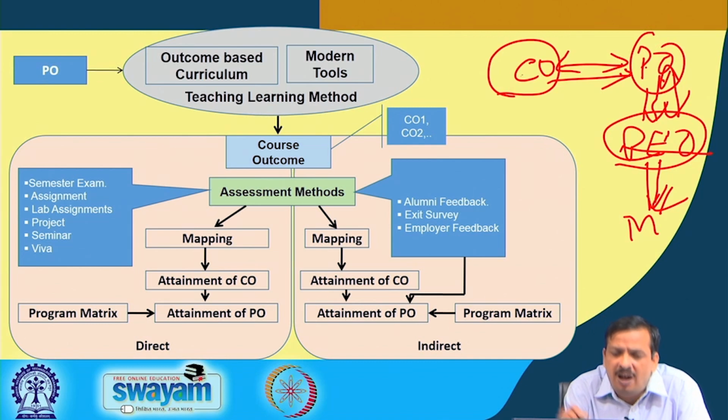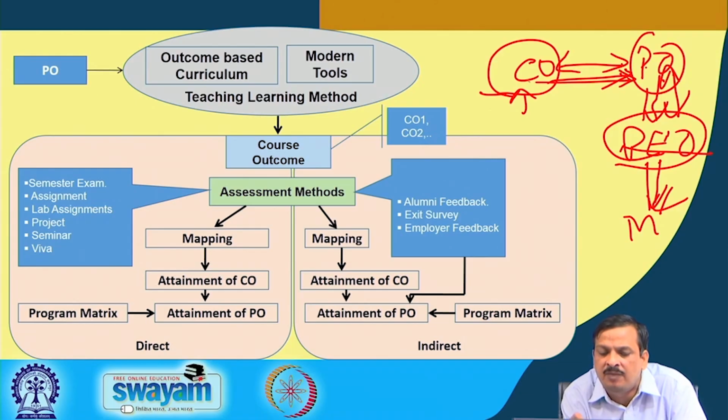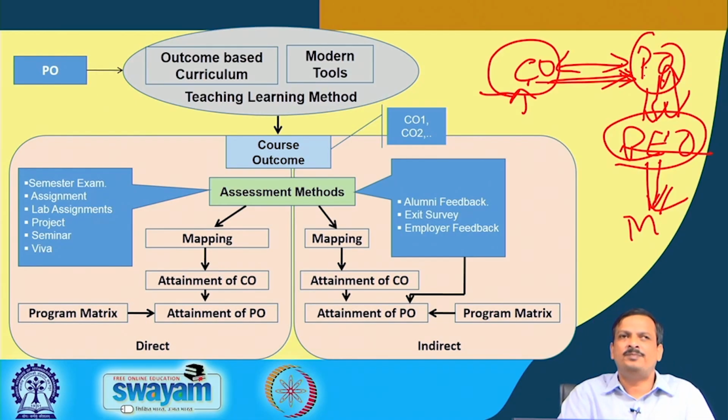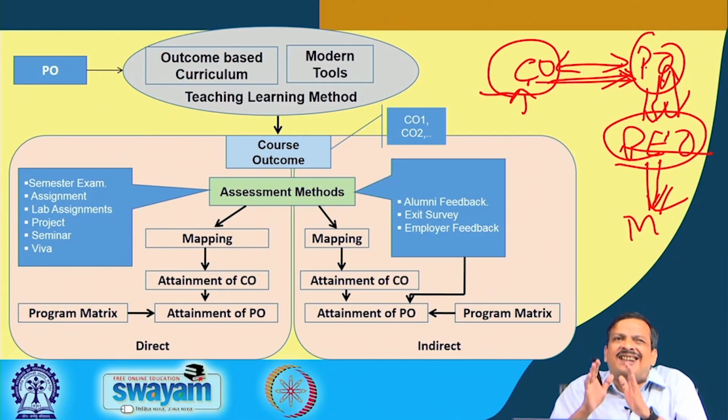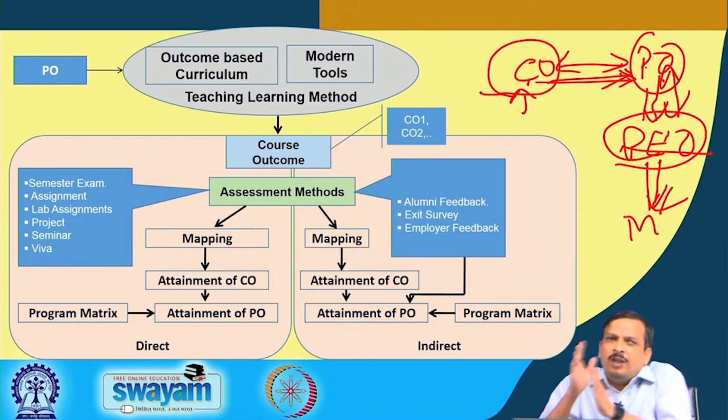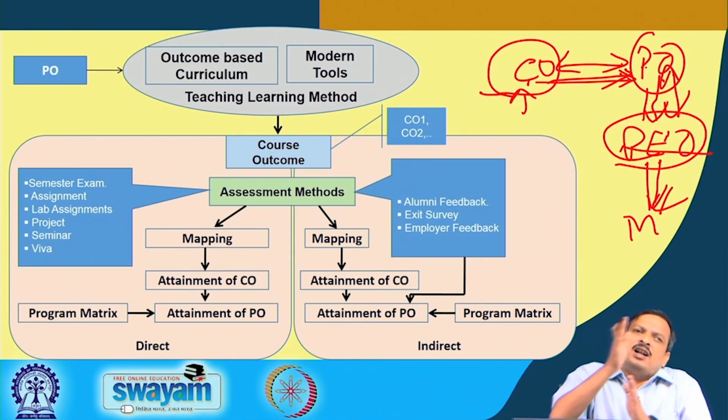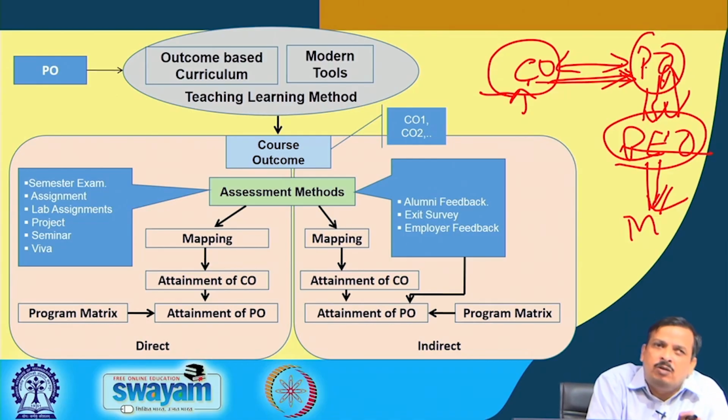Since CO and PO are also correlated, if I achieve the CO, then it indirectly tells me that if the CO is attained, PO is also attained. So, I have to calculate the attainment of course outcome. From the course outcome, I can come to the attainment of program outcome.